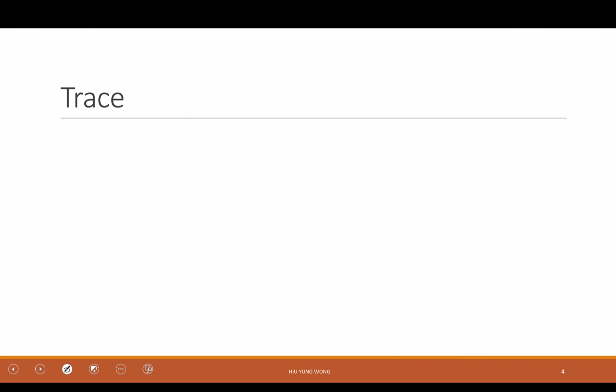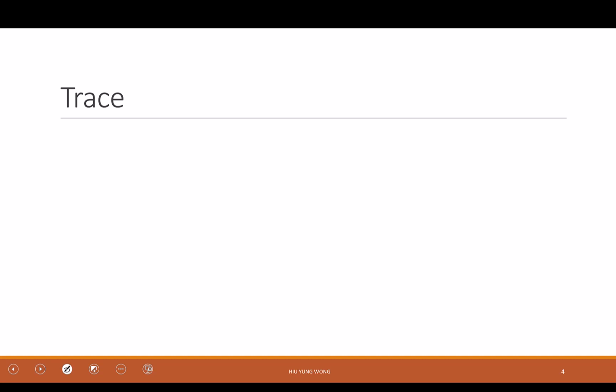Another thing is about the trace, right? I don't know if you all remember what a trace is, but let me remind you, you might find it useful. This time I'm not going to talk about entanglement entropy in this class because of time. But this is useful in the future when you are dealing with noise and other things. So let's remind ourselves what a trace is, right?